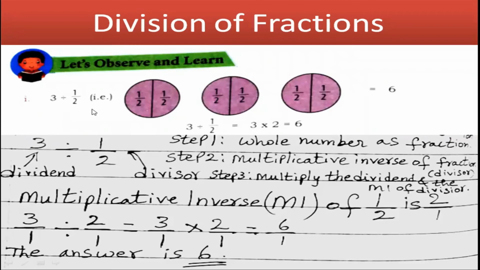For example, here let's observe and learn. 3 divided by 1 by 2. Here total how many wholes are there? 3 wholes. How many parts are there? 2 parts. That is nothing but each whole is containing 2 halves. That is 3 into 2 is equal to 6. So our answer is 6.